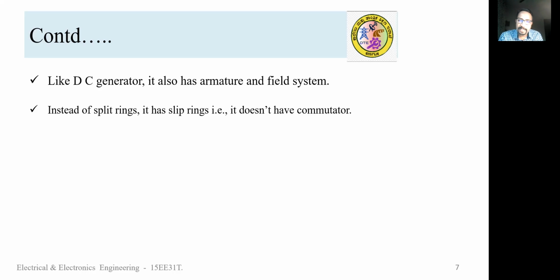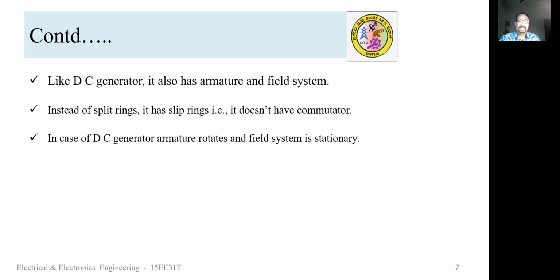In a DC generator, the induced voltage in the armature conductors is AC, so we have to convert that induced AC into DC. But here we are studying the alternator, where we need AC, hence no need for a commutator. Hence the alternator does not have a commutator, one of its important points.